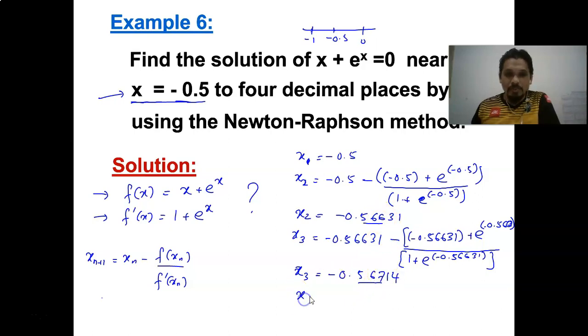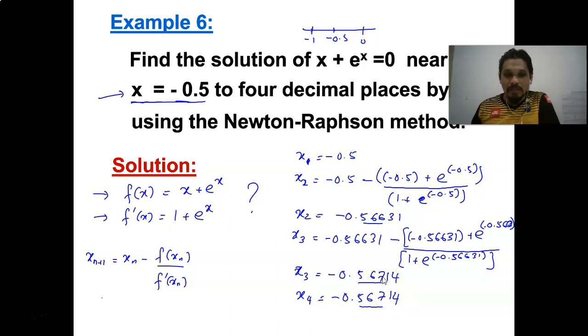And we repeat the process again using this value of x3 in the equation to get the value of x4, and here we get negative 0.56714. Look at this one now, 567, 567. The 1 doesn't change.